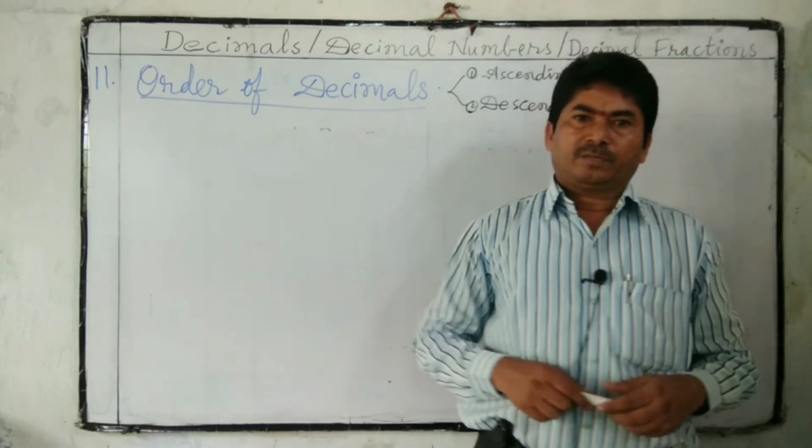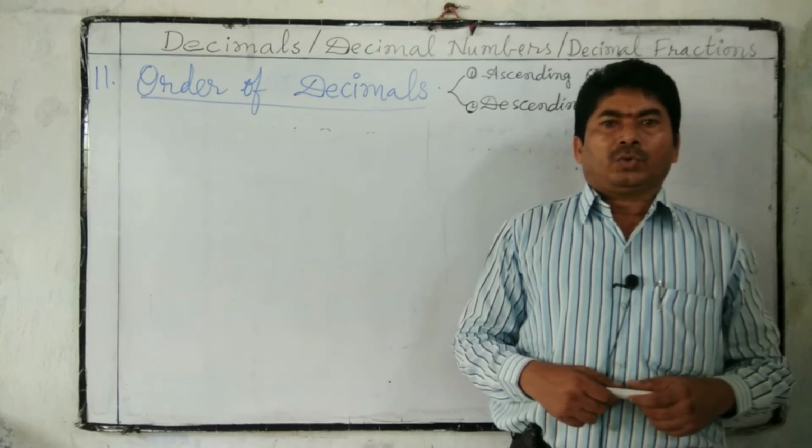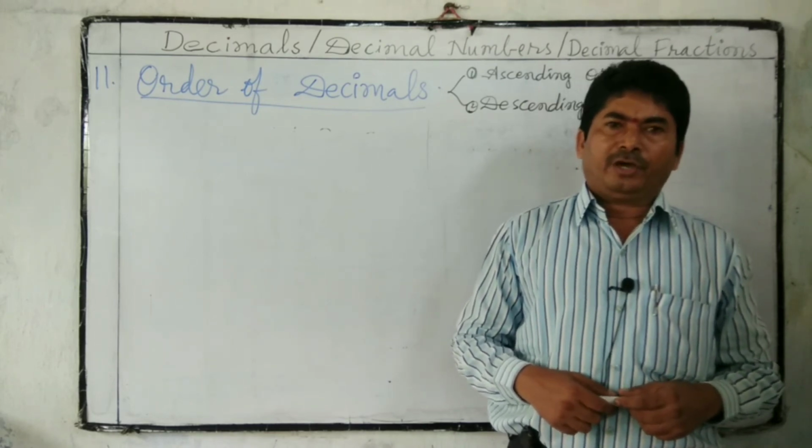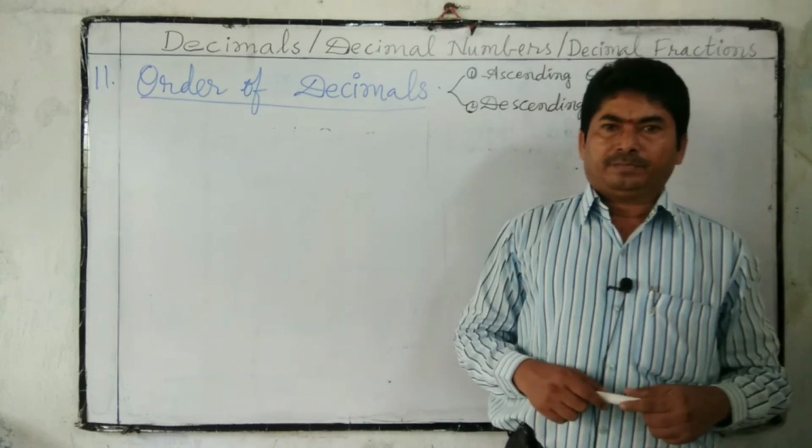Order of decimals. We can arrange decimals in two ways. They are ascending order, descending order.